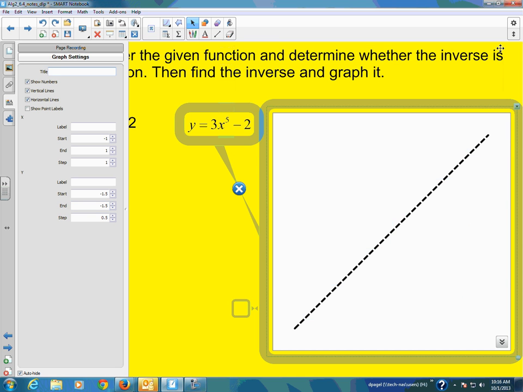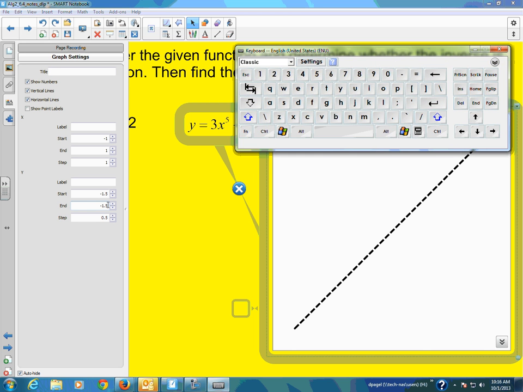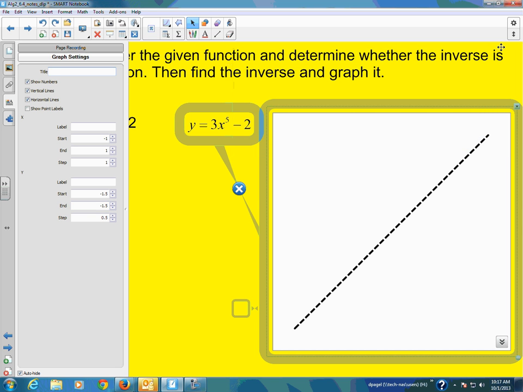Let's see what we get. Oops. Negative 1.9. All right, it's not cooperating with me.